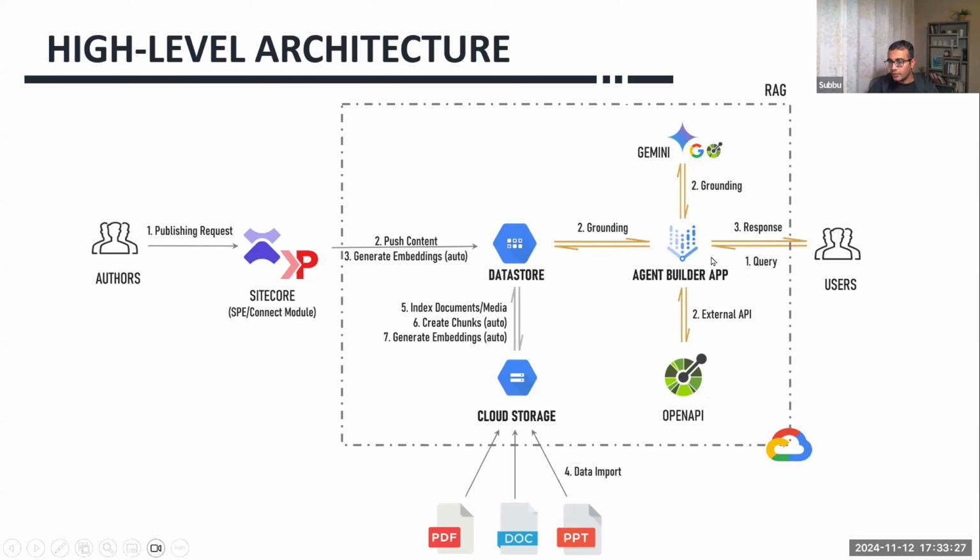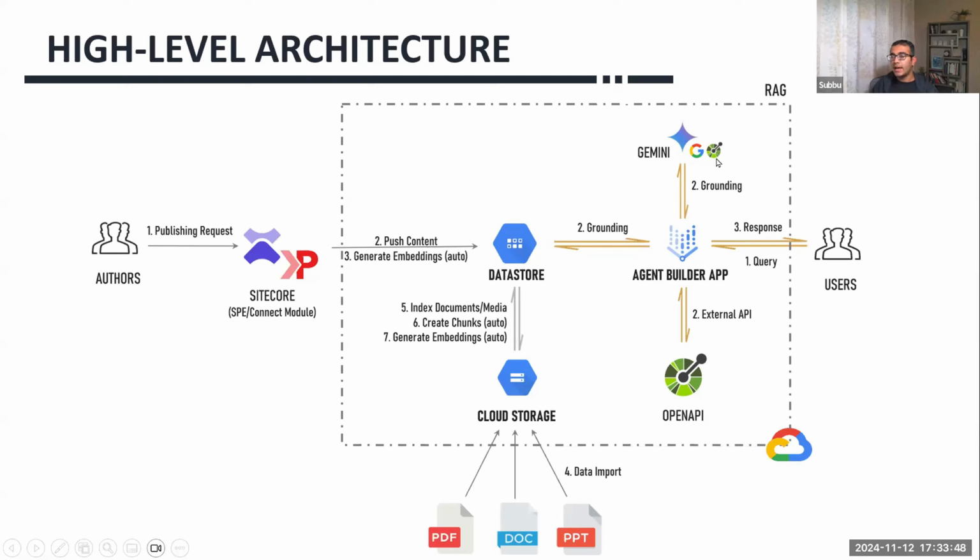So you don't have to do any coding within the agent builder app itself, but then you'll have to supply the information that it requires, either from the data store or through OpenAPI. And if you want to use the Google search grounding, then you will use the OpenAPI tool itself, and you'll have to build the Google Cloud function.